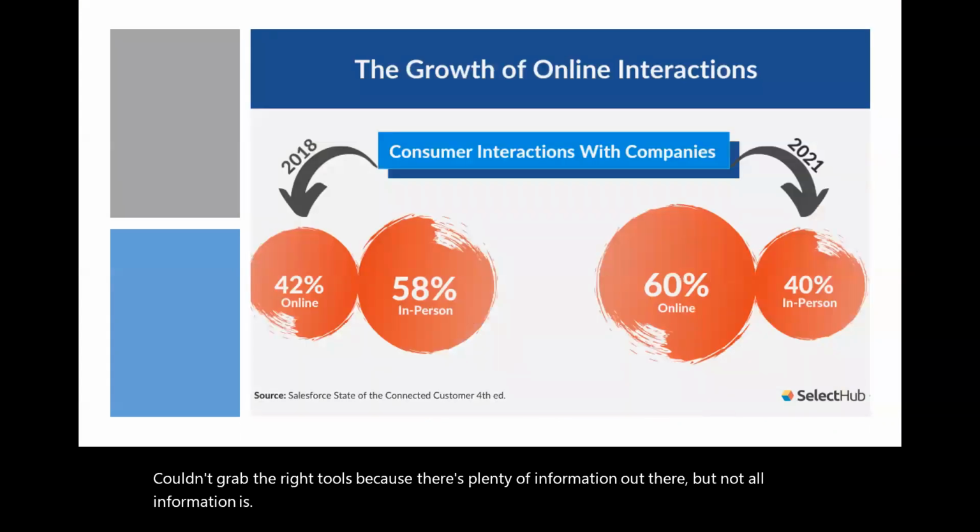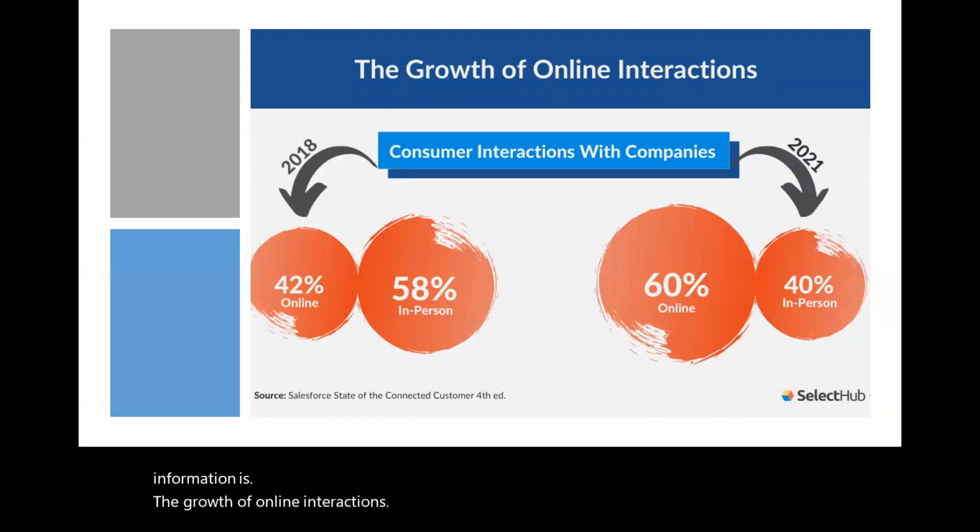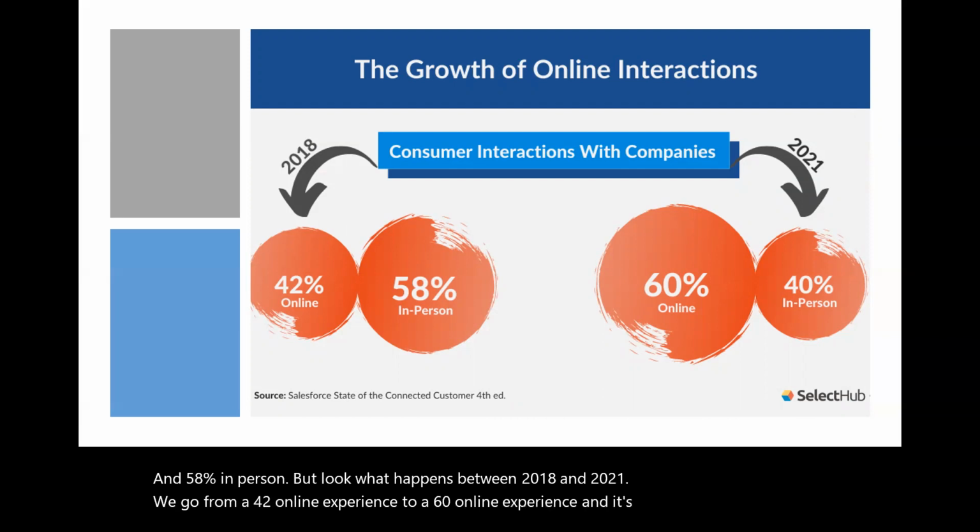The growth of online interactions. Back in 2018, 42% used the internet and 58% in person. But look what happens between 2018 and 2021. We go from a 42% online experience to a 60% online experience. And it's going to continue to increase.